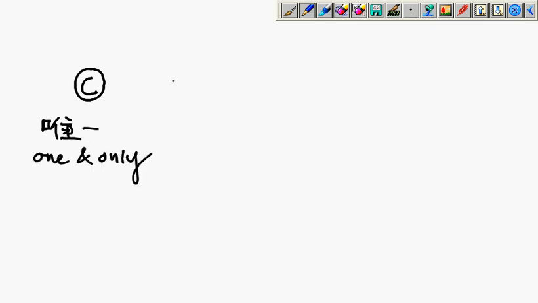Imagine if you have one carbon atom, just one and only. So this carbon atom, if you look up to the data book, relative atomic mass of carbon is 12.